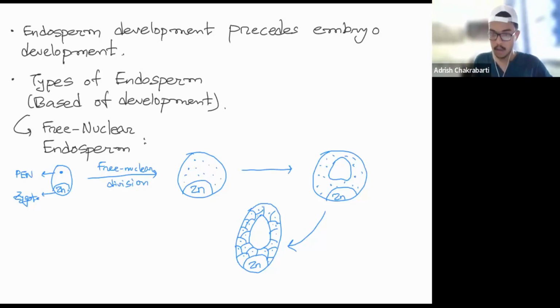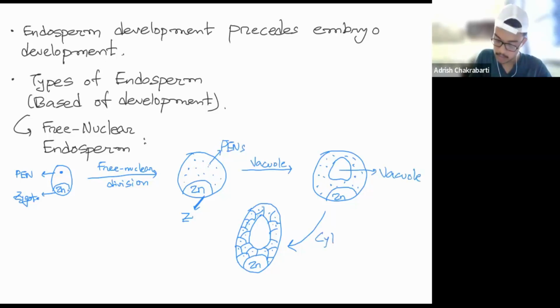This one is the zygote, denoted Z, and these ones are the PENs. The next step is vacuolation, or vacuole formation. Now this is the vacuole, and the last step is cytokinesis. So this is the free nuclear endosperm.